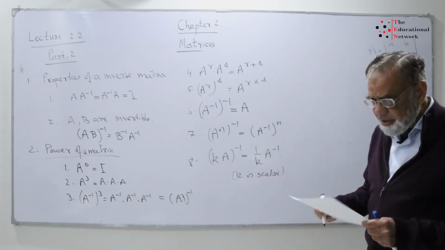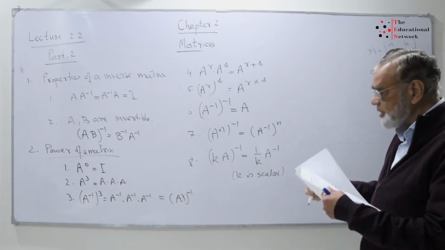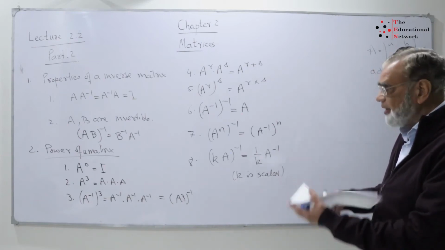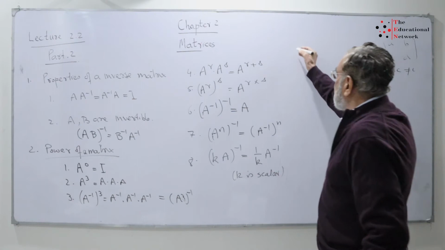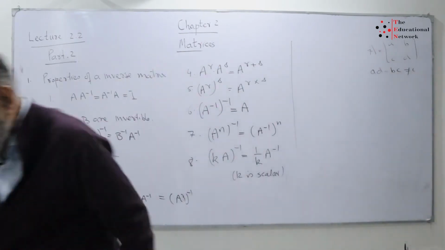I just want to show you with the help of an example these properties which I have just mentioned. Our example is we use the power rule to solve this one.